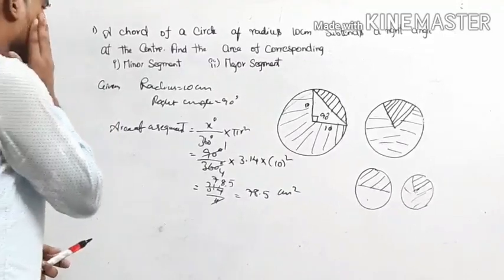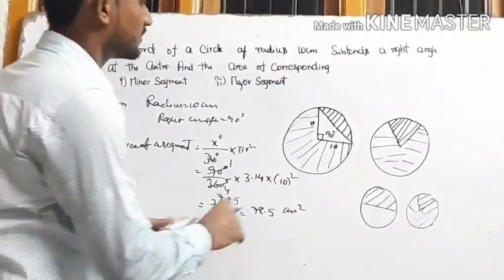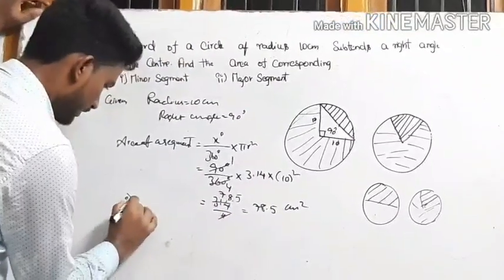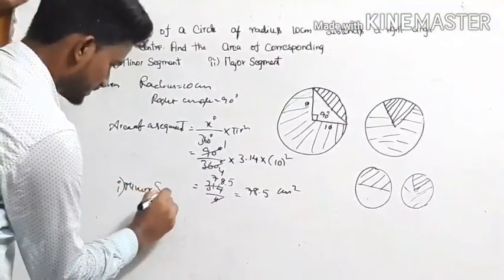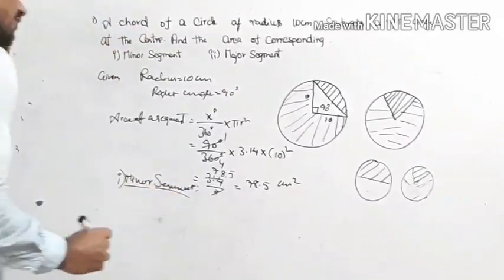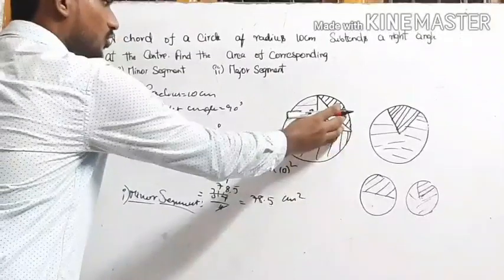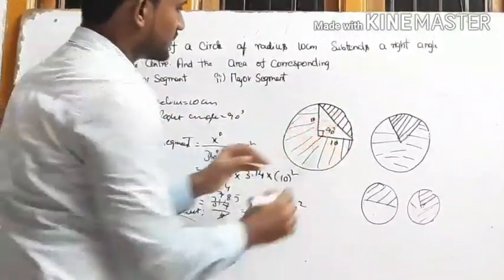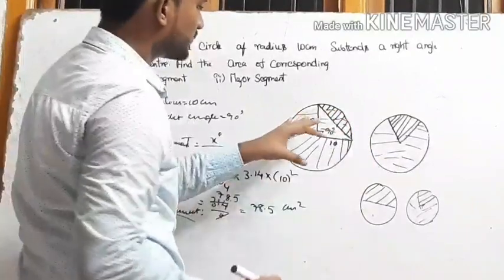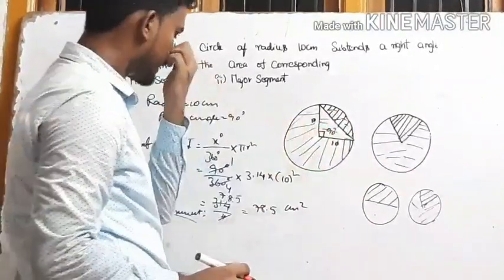Then we want to find the minor segment. For this minor segment, from the area of the segment we want to subtract the area of the triangle.